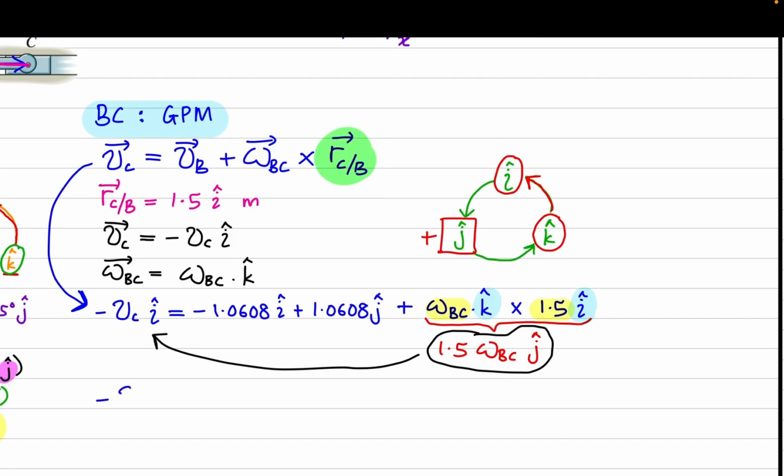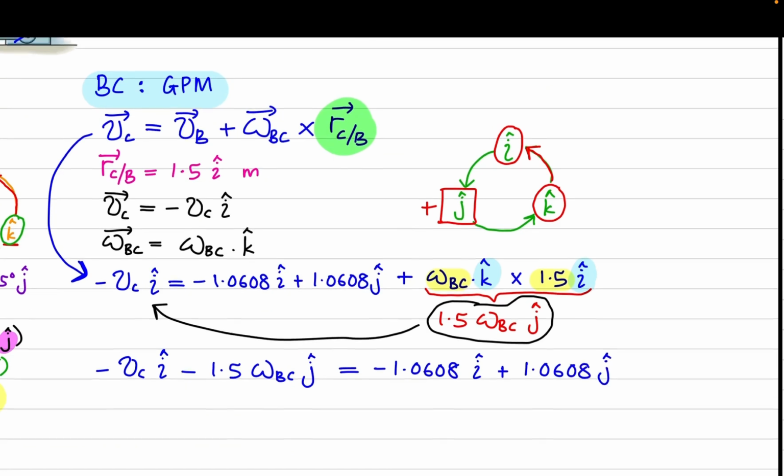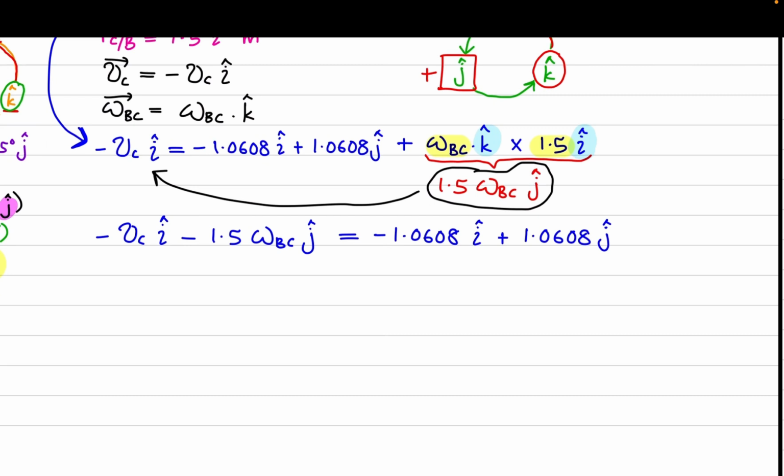You will get minus VC i, and then 1.5 omega BC j, brought to the left, will also be minus, minus 1.5 omega BC j. This equals what we have on the right-hand side, which is minus 1.0608 i plus 1.0608 j.